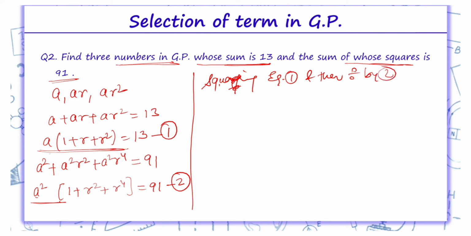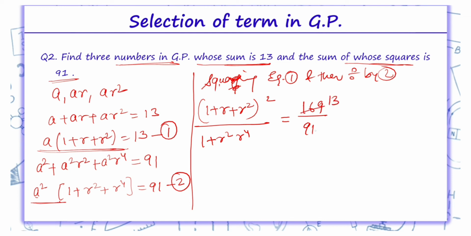So we'll square it, so A square and A square will be cancelled out. We'll get 1 plus R plus R square, whole square, divided by 1 plus R square plus R to the power 4, equals 13 squared, which is 169, divided by 91. So 13 into 13 is 169, 13 into 7.